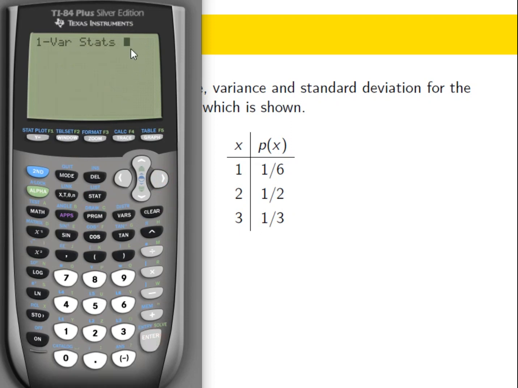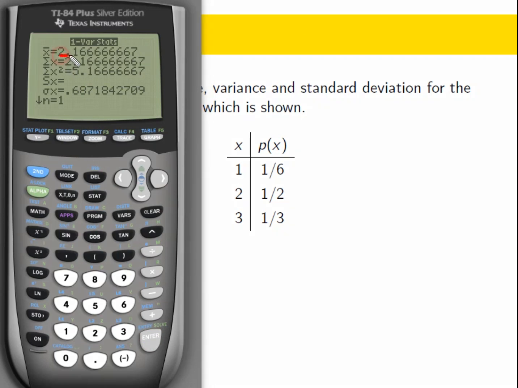And when I do that, it pauses here, so I have time to type in second L1, comma, second L2. So I'm saying, hey, I'm giving the outcomes in L1 and the probabilities in L2. Why don't you multiply them together and then give me the mean and the standard deviation, as if it were a frequency table. And notice that we have exactly the values that we calculated before.